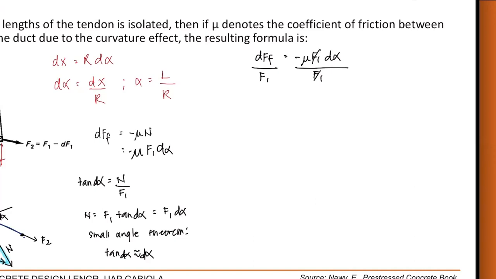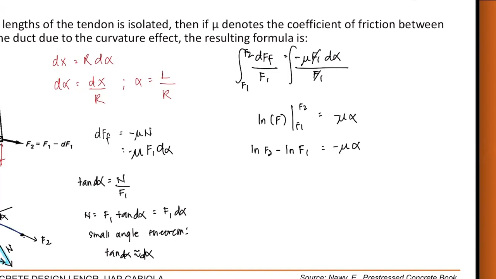And then when we try to integrate, ang kukunin natin ito is from F1 to F2. So, ang integration nito is ln F from F1 to F2 is equals to negative mu alpha. Then ln F2 minus ln F1 is equals to negative mu alpha.